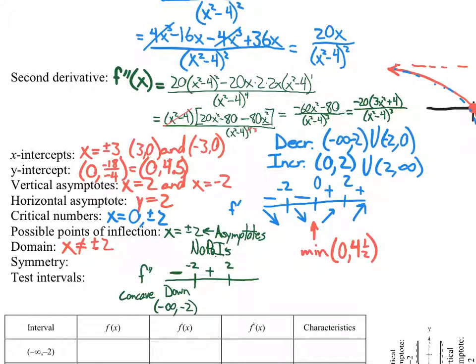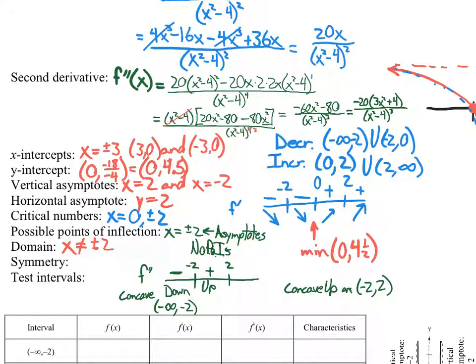So here I am concave up. Okay? So we are concave up over the interval from -2 to 2.